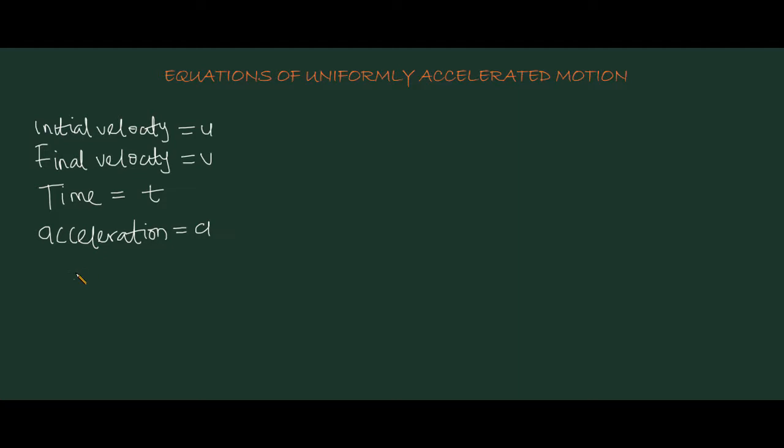So we write that the change in velocity, which is our increase in velocity, v minus u, will be equal to a multiplied by t. In terms of algebra, this is acceleration times time. We have an increase in velocity because we have acceleration, but when we have a decrease in velocity, we have deceleration.